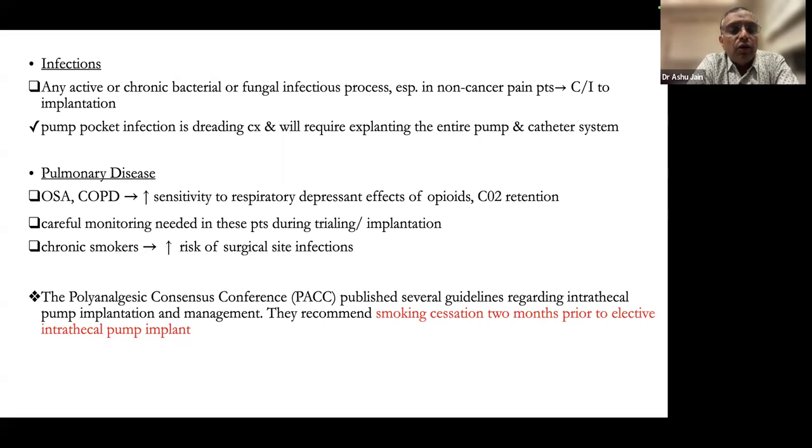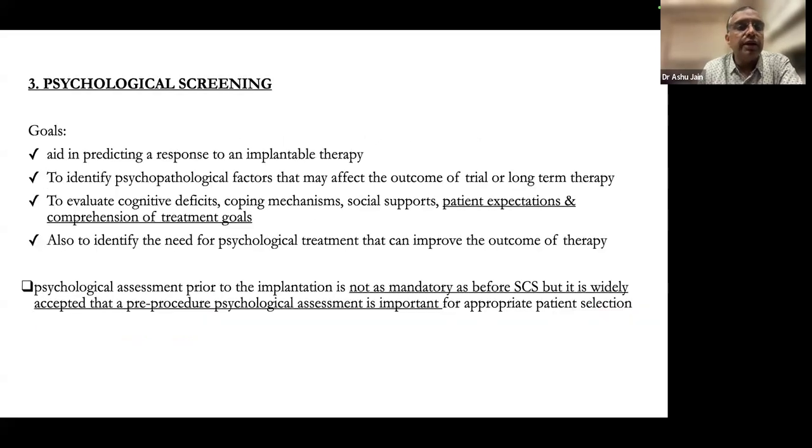And all these patients should be done carefully. Then smokers have an increased risk of infection, so smoking should be stopped 2 months prior to the intrathecal pump. But this is again a relative contraindication.